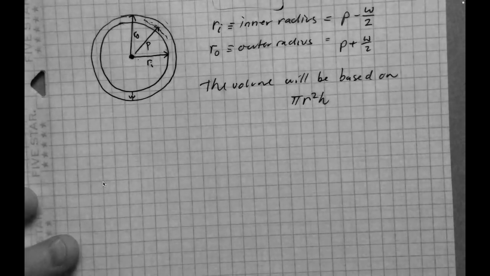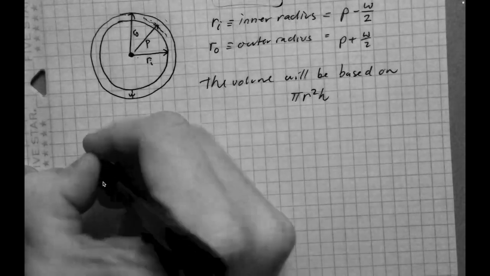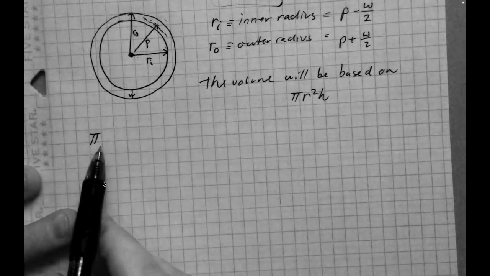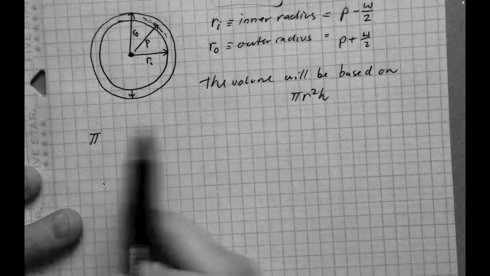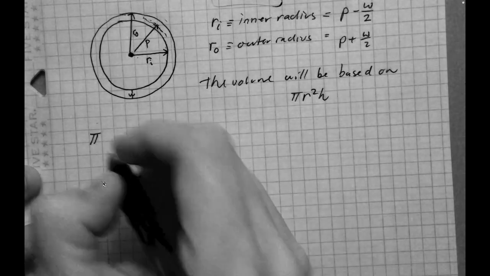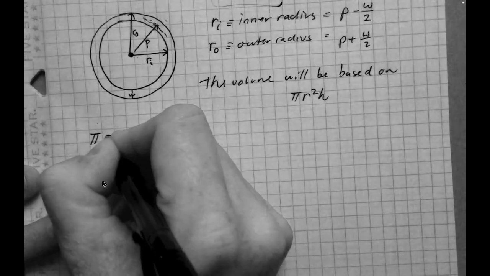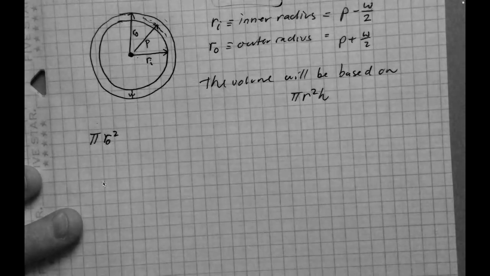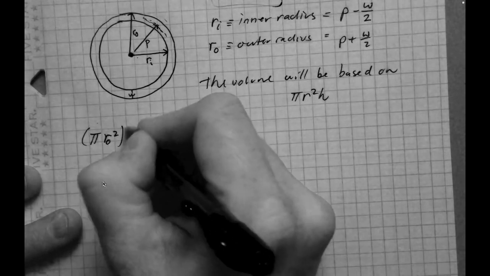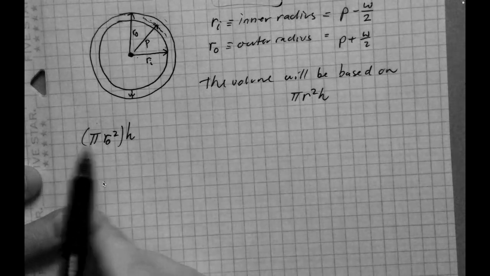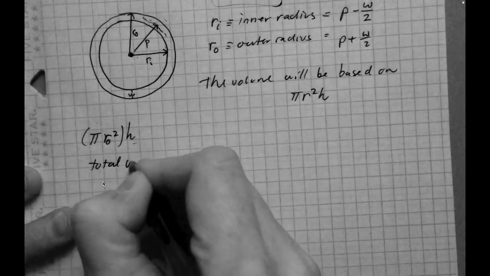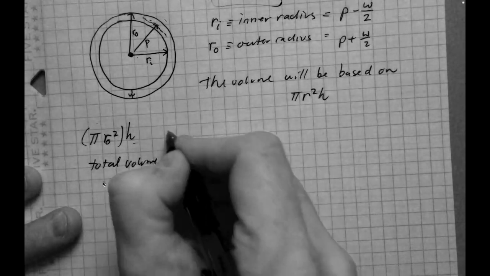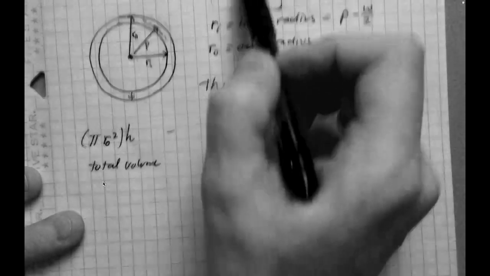So the volume of the entirety would be pi times the radius squared, where here the radius would be the outer radius. So I'll write R_O, okay? And then, of course, times the height. This is going to give us the total volume. And we want to subtract from that the interior volume, right?